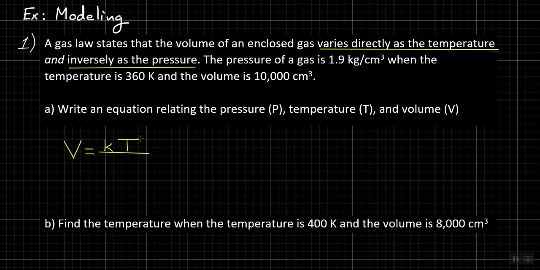So V, volume, is equal to K times T, and then forget about the T for now. We'll just pretend like it's not there, and I'll put it back. Inversely as what? Pressure. What should we use for pressure? Capital P. Here's our equation, sort of.